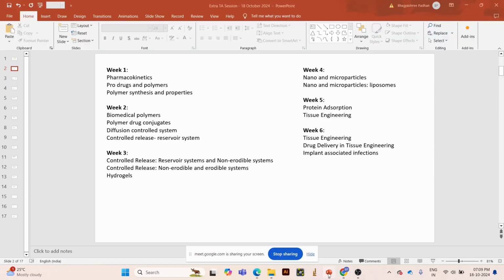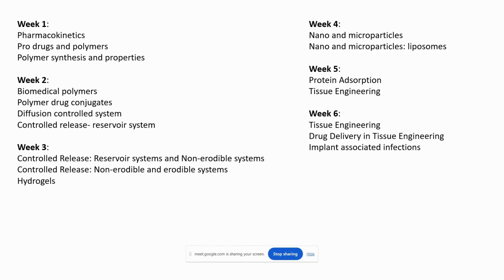Week 2 was about different kinds of polymers used in biomedical applications, how you can form polymer drug conjugates, and the diffusion and controlled release reservoir system. Week 3 was about erodible and non-erodible systems, reservoir systems and hydrogels. Week 4 talked about nanoparticles, microparticles and liposomes, and different methods of synthesis.